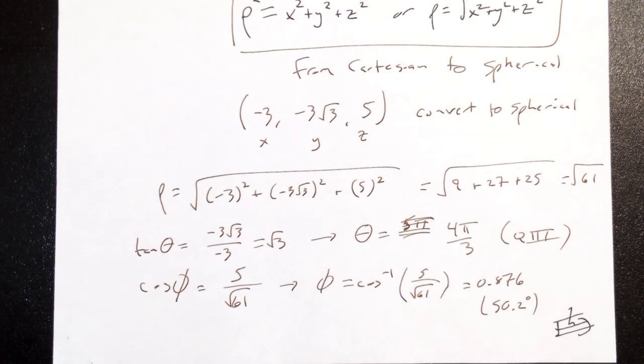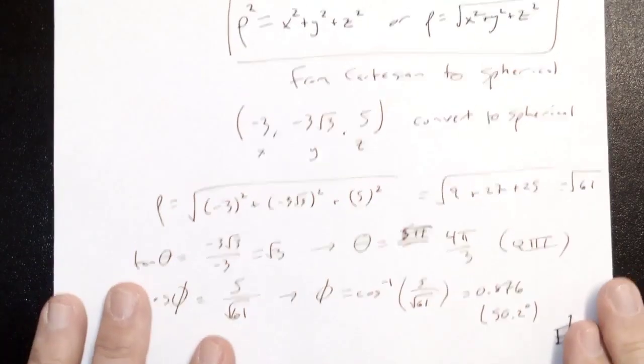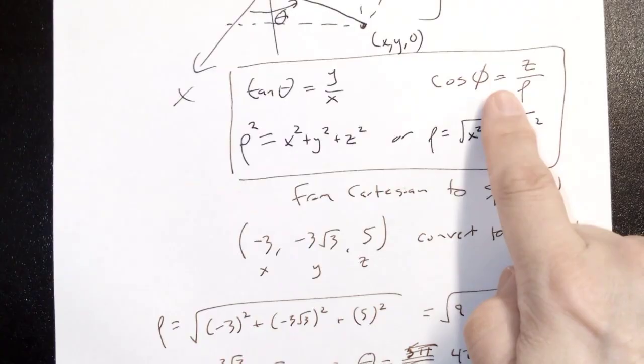How do I work the other way around? If I know rho and theta and phi, how am I going to get x and y and z? Advantage, that equation can be solved for z.